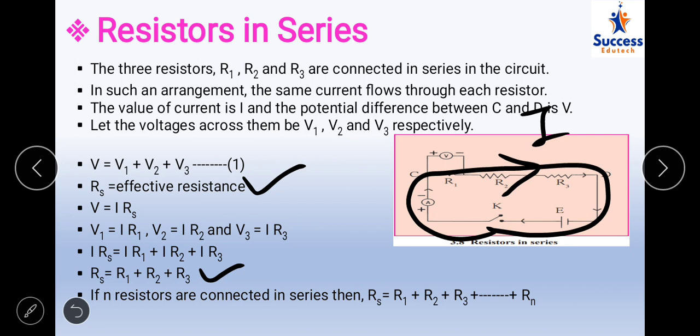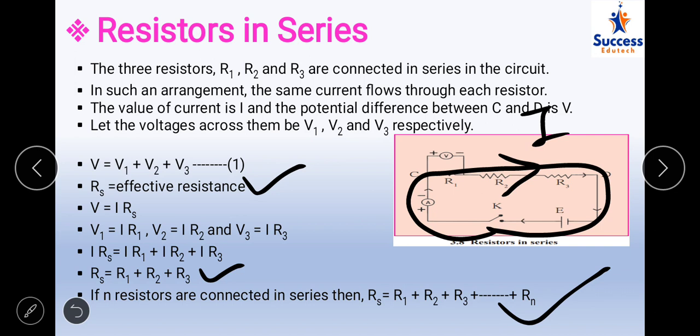Okay, this is the proof for three resistances connected in series. If there are n number of resistances connected in series, then the result will be Rs is equal to R1 plus R2 plus R3, and so on, addition up till Rn. So remember, this formula is very important.